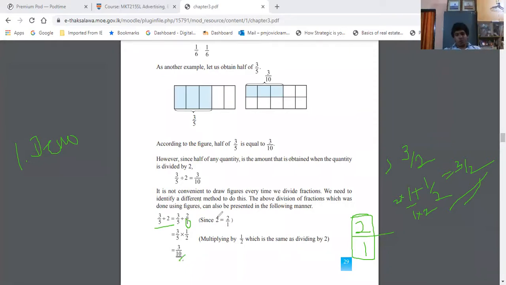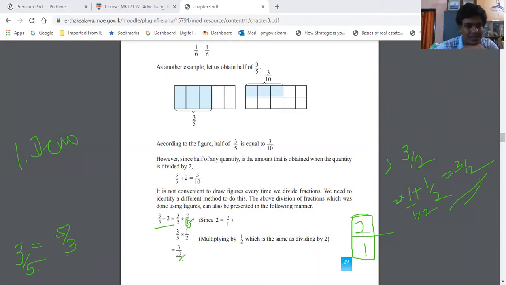What do I mean by reciprocal? This is a good question. If somebody says 3/5 reciprocal, 3/5 reciprocal is 5/3. What does this mean? You are sending the numerator to the denominator and the denominator to the numerator.